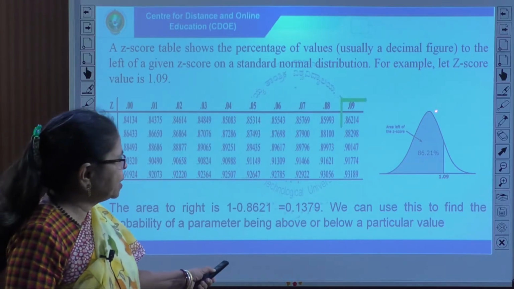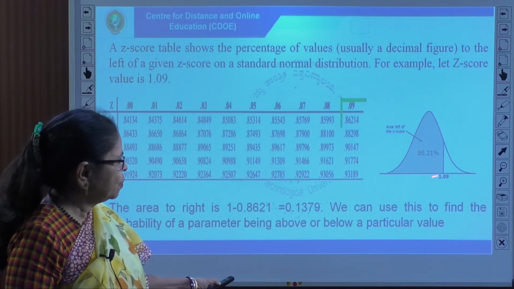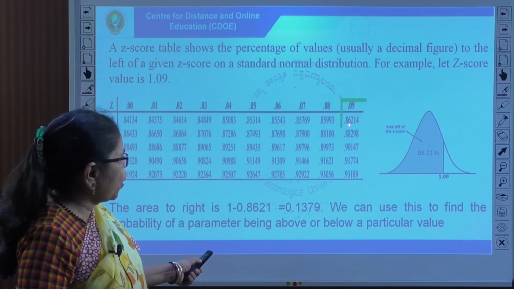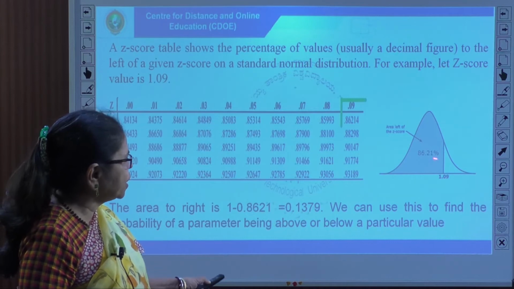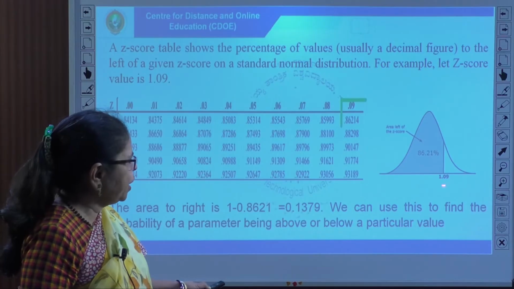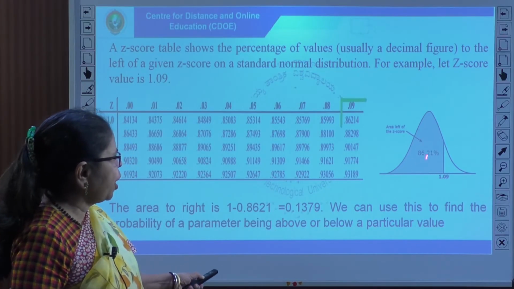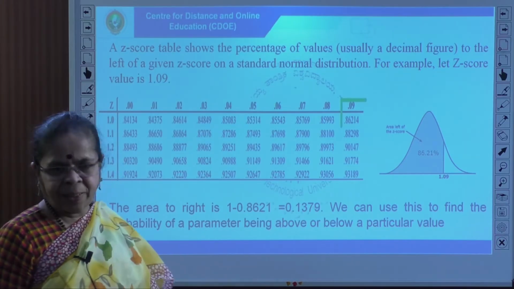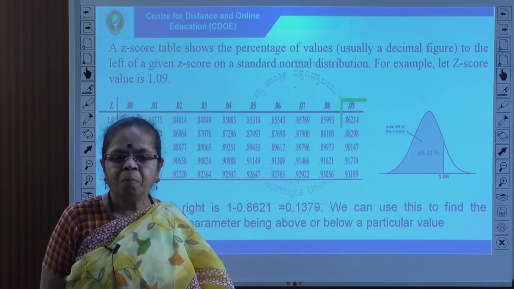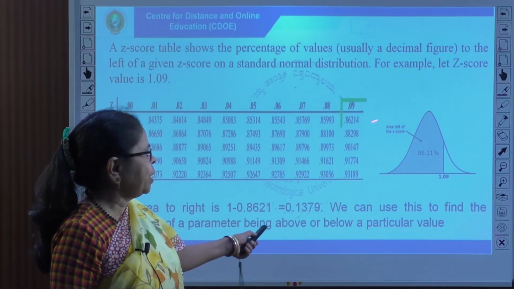Z is 0 here, these are all positive and these are all negative. So, 0.86214 means the area covered to the left of a Z of 1.09 is 86.21%, that is the meaning. To the right obviously is the remaining portion, 1 minus 0.86214.